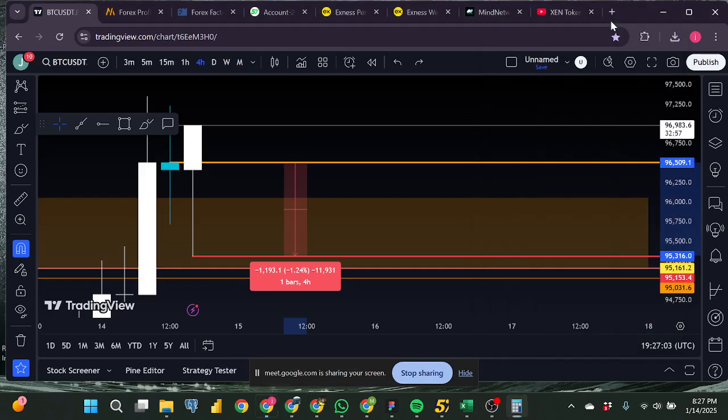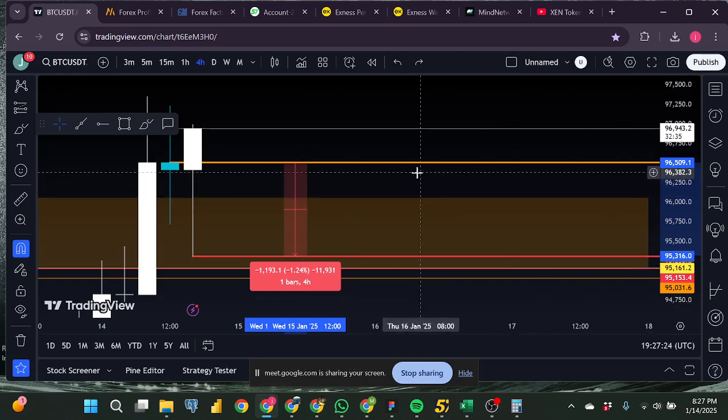Let me explain again. I said that between your entry price and this price, you want to lose only $2, right? But it is not that $2 you will use to take the trade. That $2 is only the amount you want to lose.